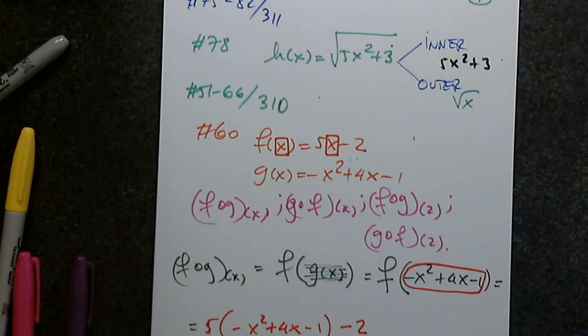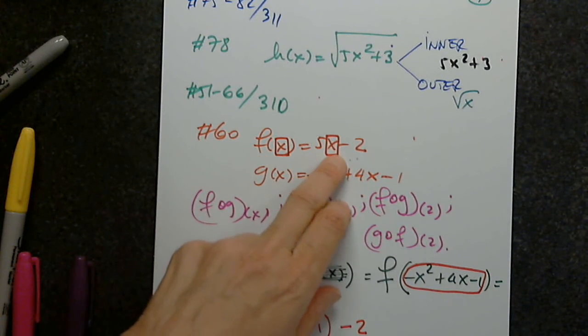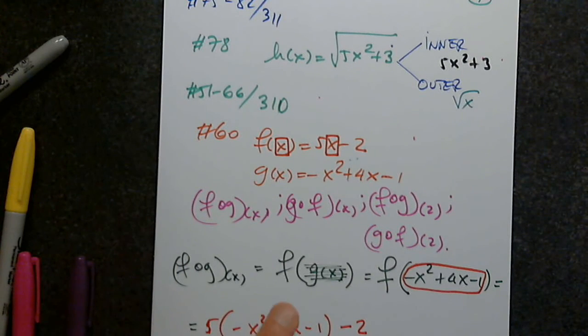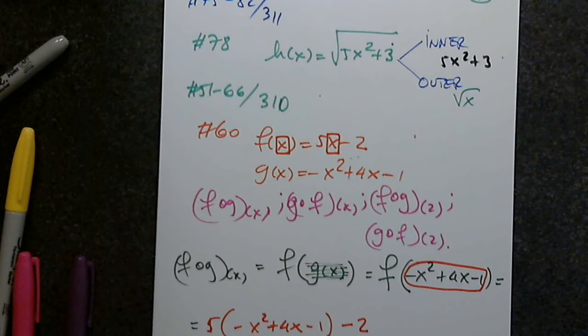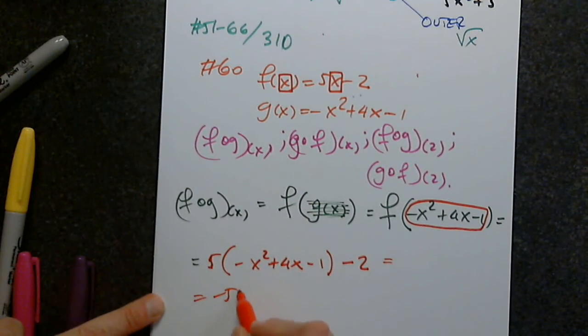This is what we've been doing for a long time, right? So when we look at a function, f of whatever is 5 times whatever minus 2. Agreed, everyone? Are you with me? Okay, so then I distribute. Negative 5x squared plus 20x minus 5 and minus 2 is minus 7.